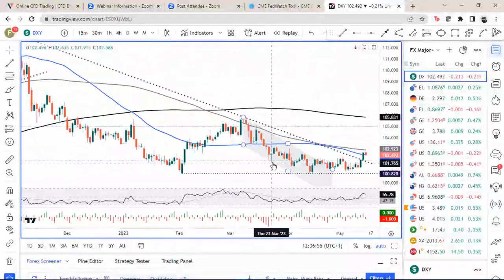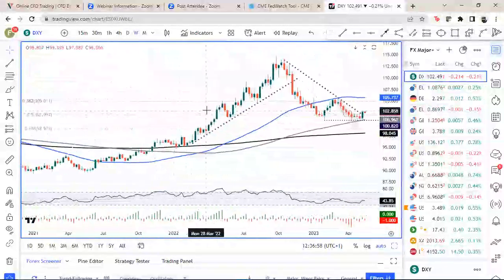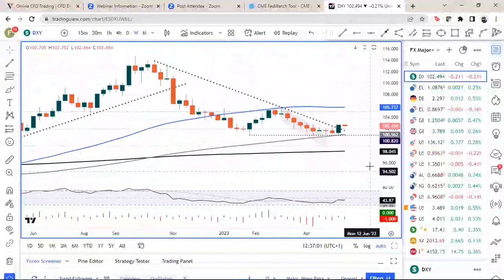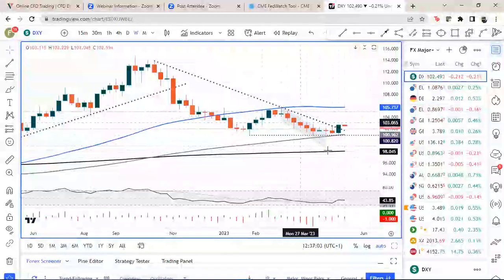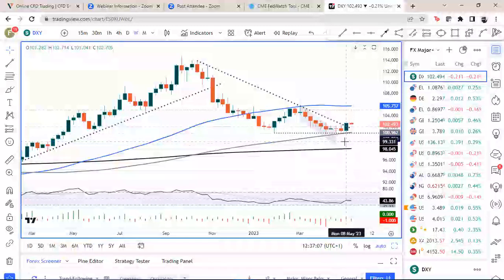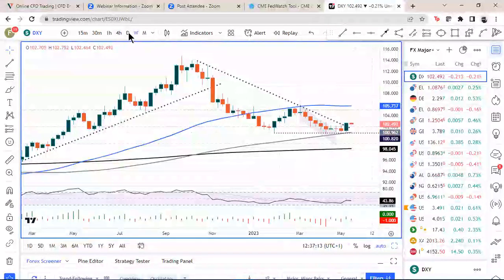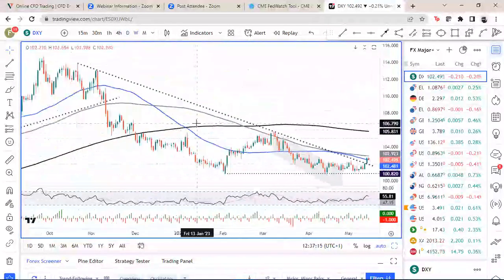Let's just pull up the weekly. Yeah, so just expanding that out, you can see that long-term trend line. Obviously, consecutive weeks of declines in the dollar, and then this big move last week breaking above that long-term trend line resistance. If we just pull it out, you can see it there.